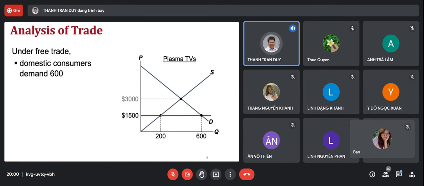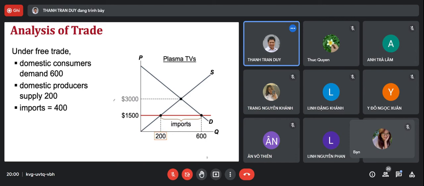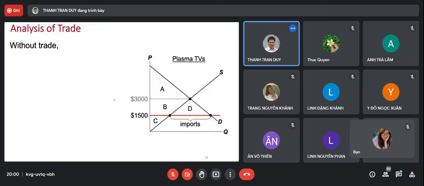But local producers can produce only 200, and we have to import 400. Now, who is happy or not? Without trade, consumer surplus will be A. Producer surplus will be BC. All right. And total surplus will be ABC.